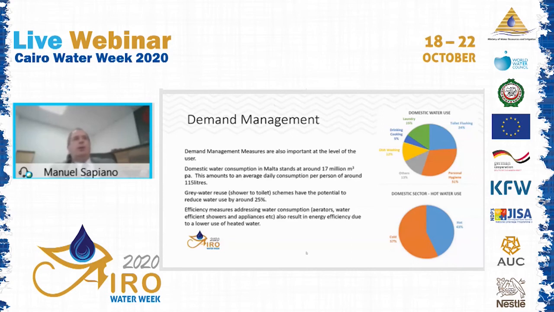If we look, for example, at shower water, reducing the water which we use in our showers by using efficient fixtures, by reducing the time we spend to what is necessary, actually not just reduces the water volume, but it also reduces the amount of energy used.